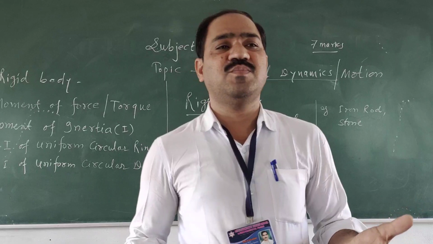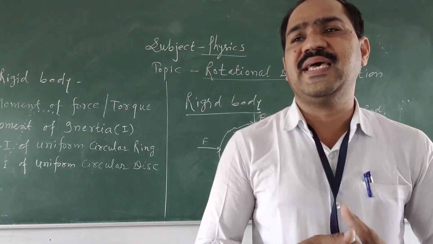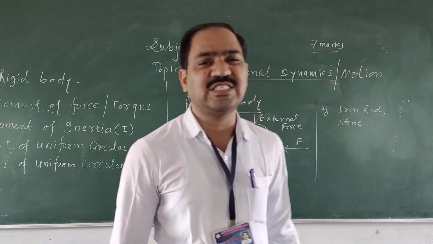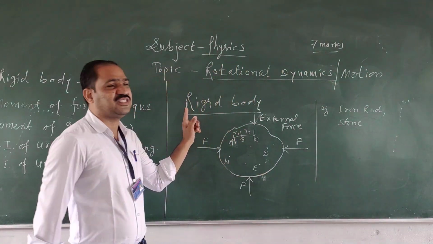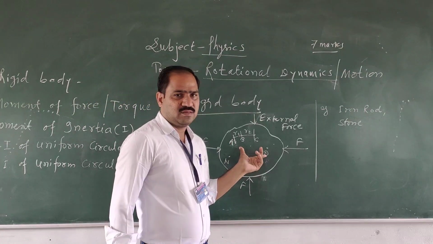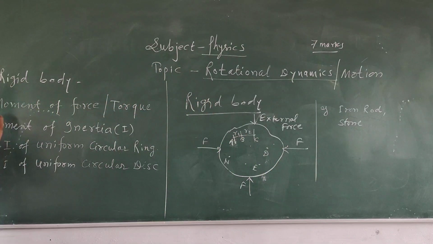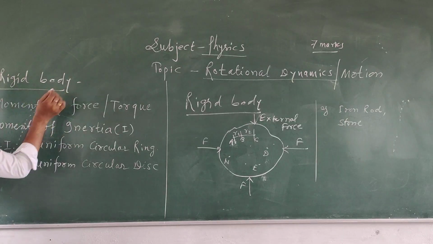If the shape and size of the body remain constant after the application of a huge amount of external force, then the body is called a rigid body. So this body can be considered as a rigid body. Got it? Okay.